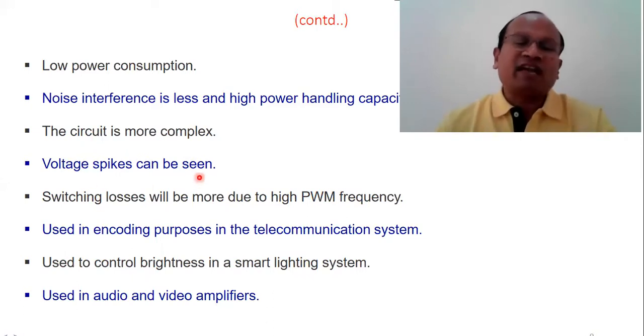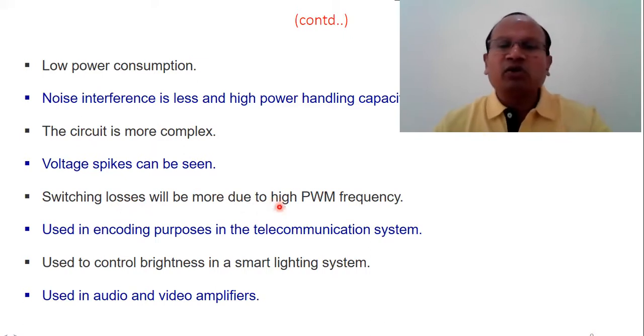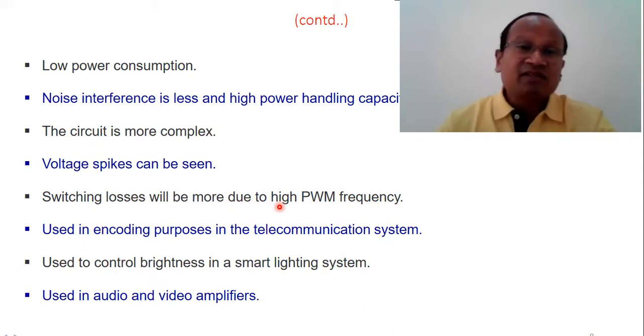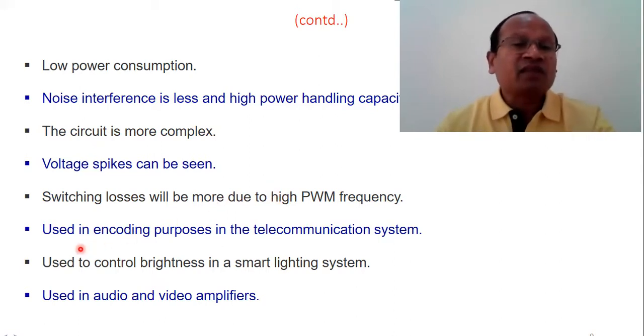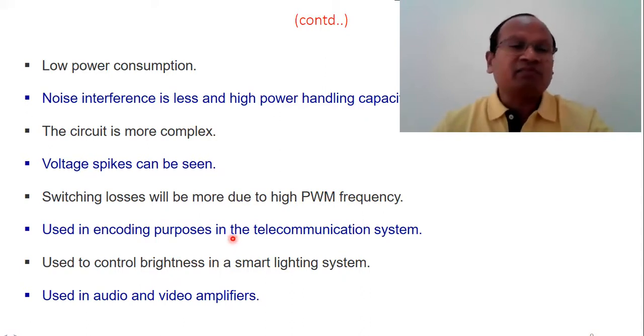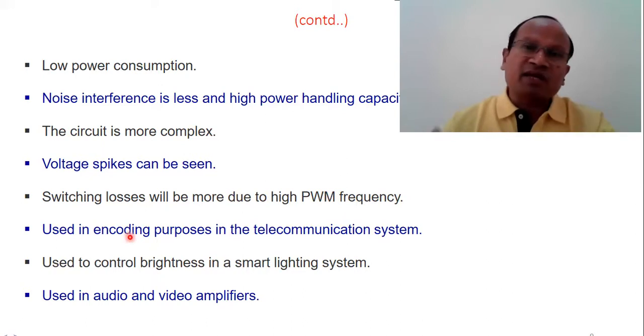Voltage spikes can be seen somewhere. Switching losses will be more due to high PWM frequency, because when the frequency is altering, switching losses may occur. It is used in encoding purposes in telecommunication systems, to control brightness in smart lighting systems, and in audio and video amplifiers. These are the applications.